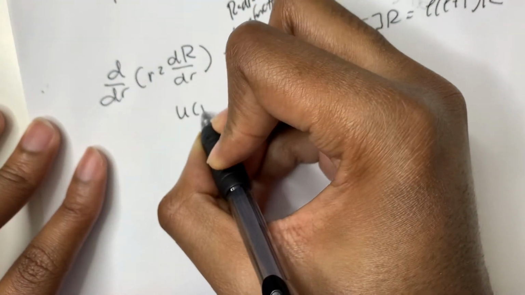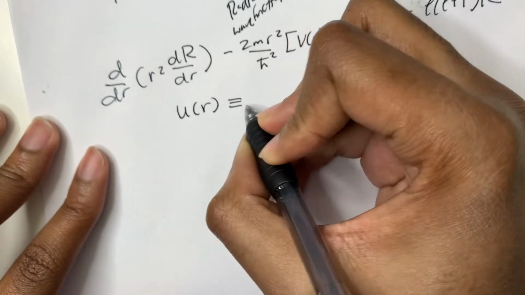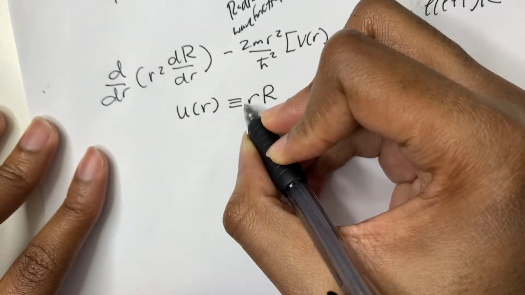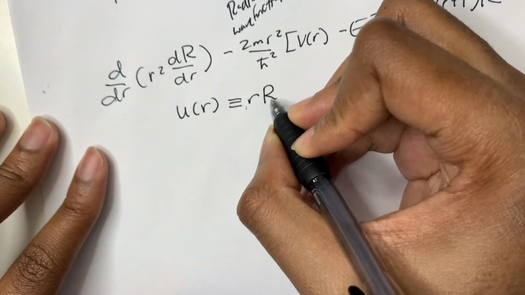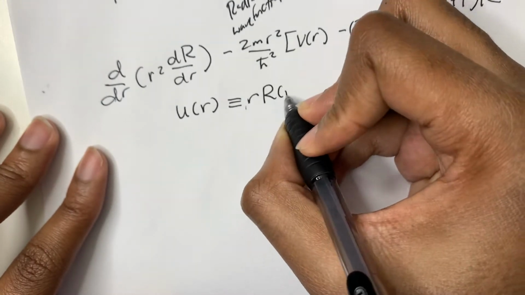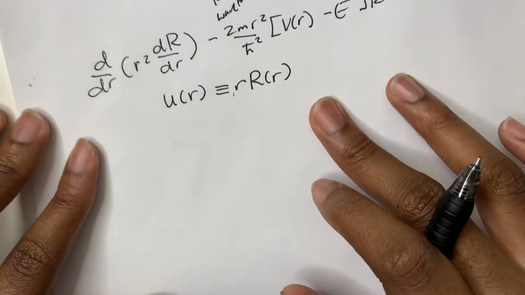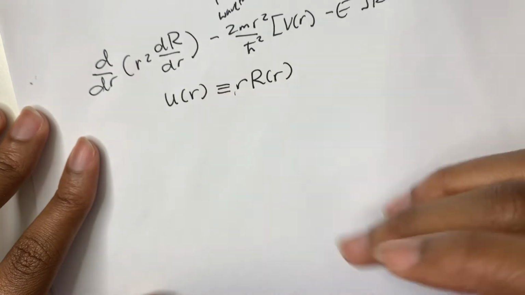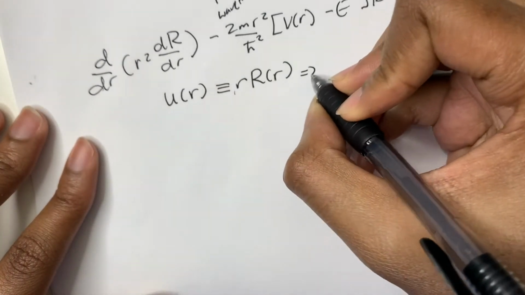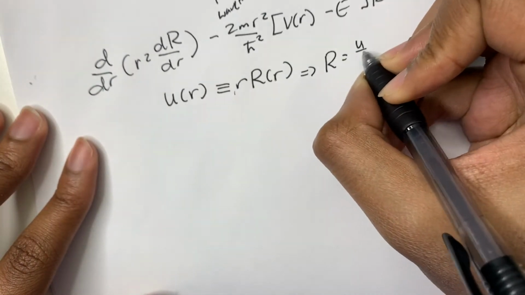Let u(r) be defined as r, small r, the radius, times R, big R, the radial function, R(r). Making this substitution, this implies that big R equals u over little r.